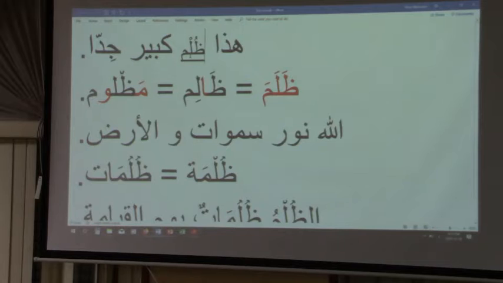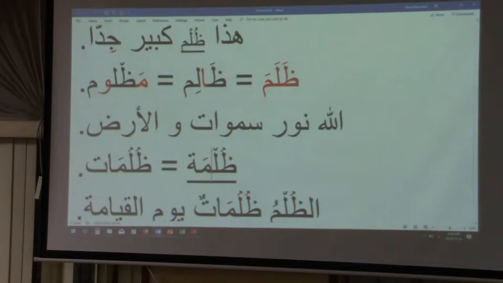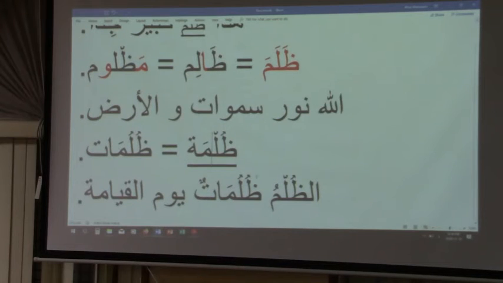So ظلم is oppression, ظلم to oppress, ظالم oppressor, مظلوم oppressed. Then we come to the next word, ظلمة. ظلمة is darkness. The difference between ظلم and ظلمة is a ta marbuta. جمع ظلمة ظلمات. Then a hadith says, الظلم ظلمات يوم القيامة.